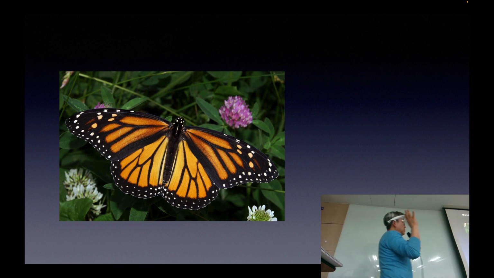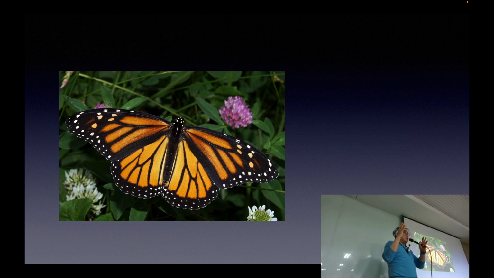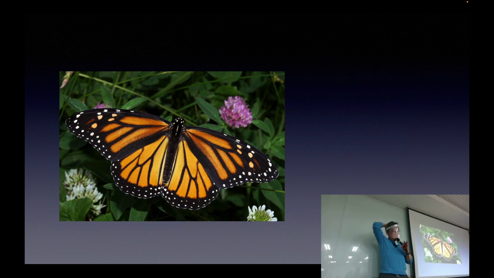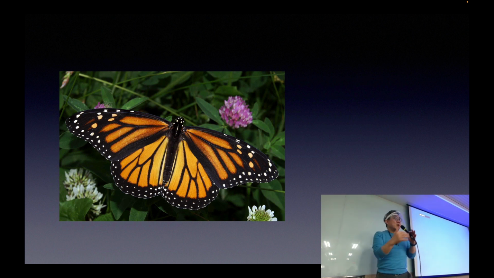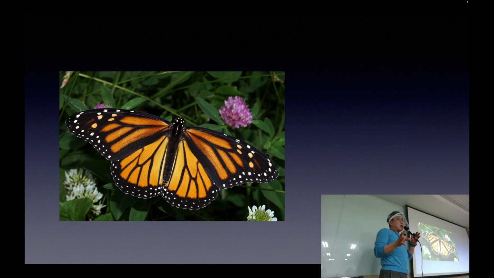This butterfly. The material itself has been well summarized in your first lecture handout, so you can go over and try to read what I have put on about this Monarch Butterfly saga.